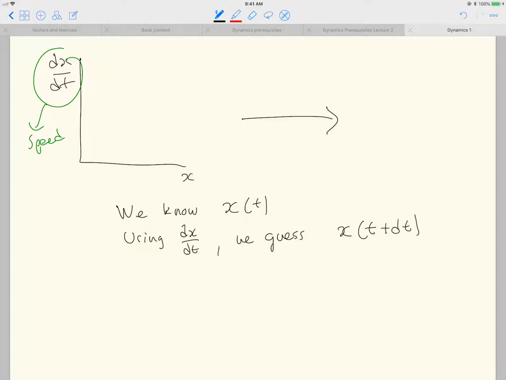So for example, if your speed is constant, then dx by dt is not changing very much. I tell you you're going at 1,000 meters per second. After 1 second, yeah, you'll have moved a meter. If dx by dt changes a lot, and I tell you, oh, half a second later, now it's fallen to 0, then you've got to cut your time step down. Right? So for our guesses, our dt has to be small compared to how fast dx by dt changes.